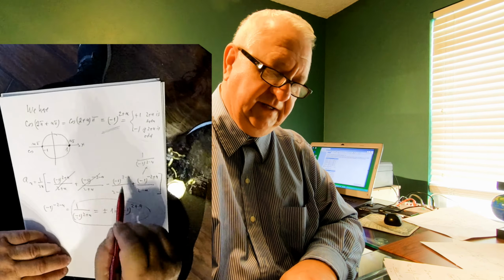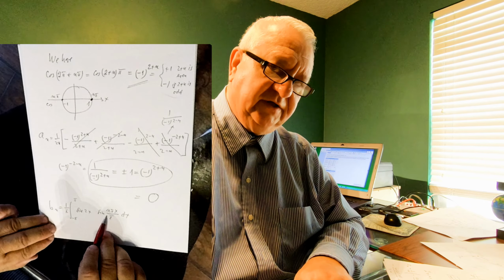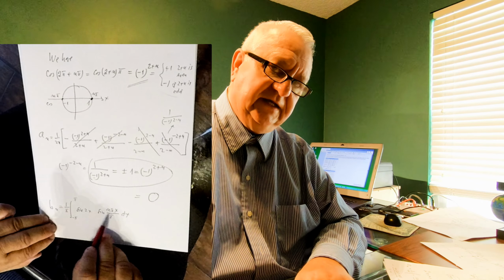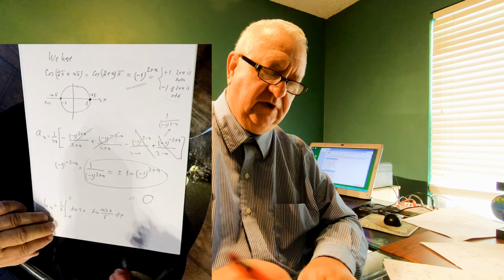And the last set of coefficients, bn, they are 1 over pi times the integral from minus pi to pi of my function sine of 2x times the sine component, sine of n pi x over pi, dx. Following the same procedure, you transform the product into a sum, integrate each of the integrals, apply the fundamental theorem of calculus formula, and calculate.